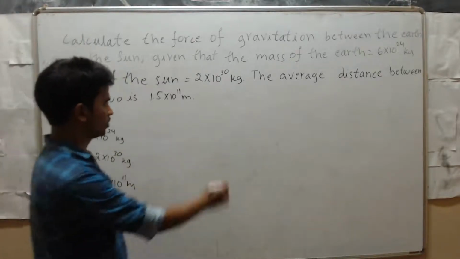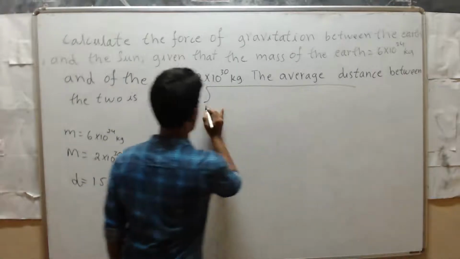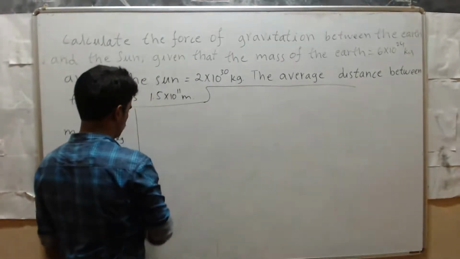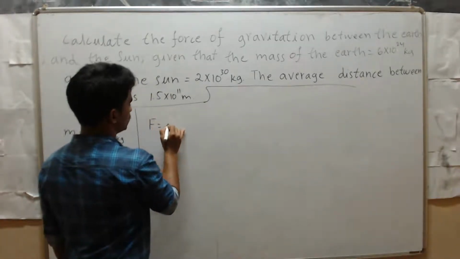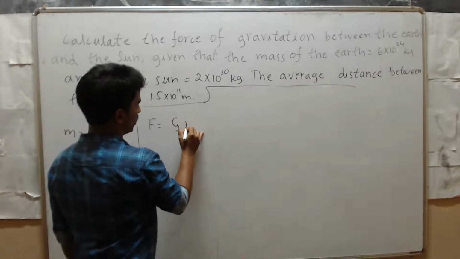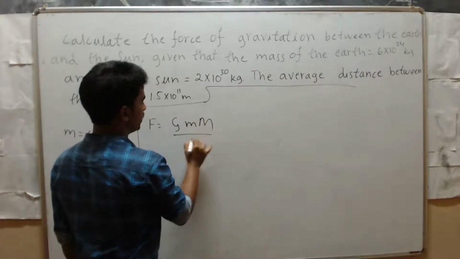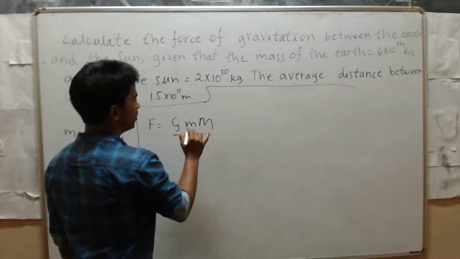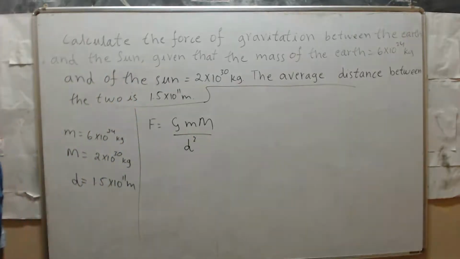We know the formula to calculate force of gravitation: F is equal to G m M divided by d square. What is the value of the gravitational constant?